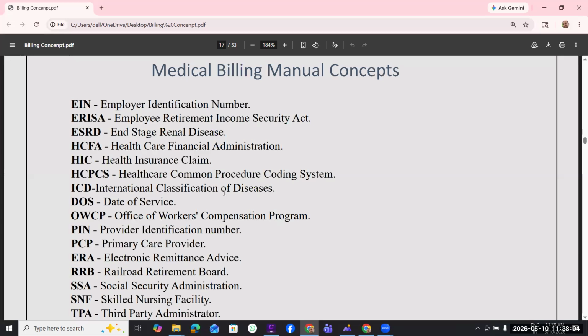ICD, International Classification of Diseases. DOS, date of service. WCP, workers compensation program. PIN, provider identification number. PCP, primary care physician. ERA, electronic remittance advice. RRB, Railroad Retirement Board.